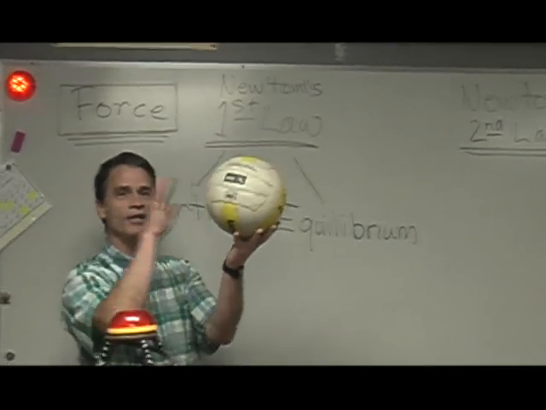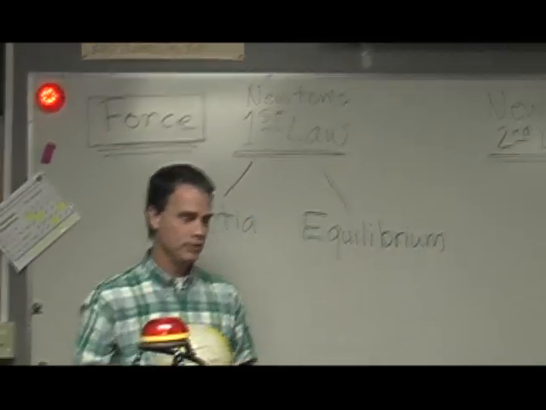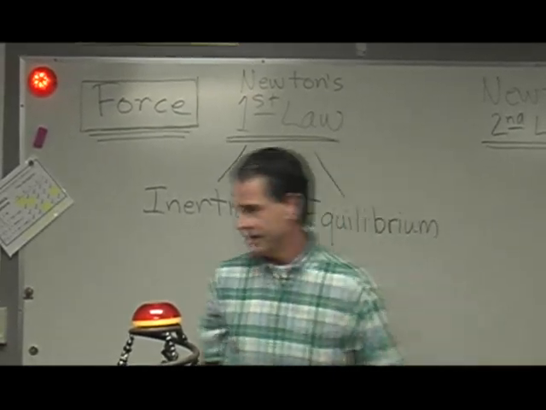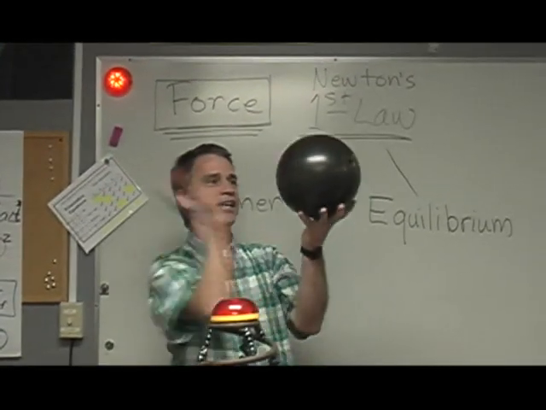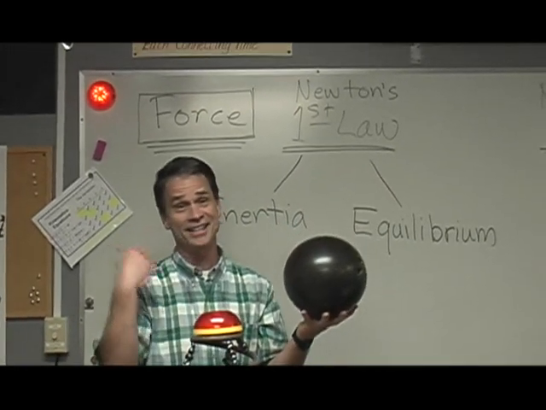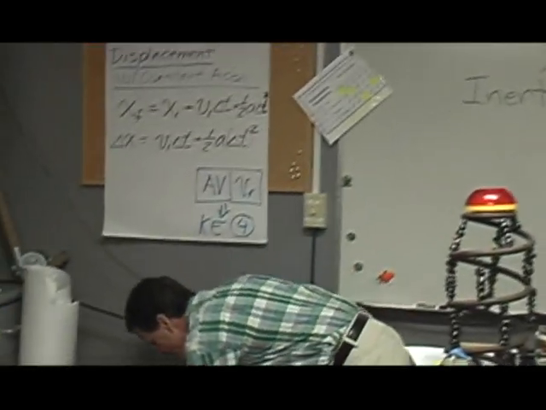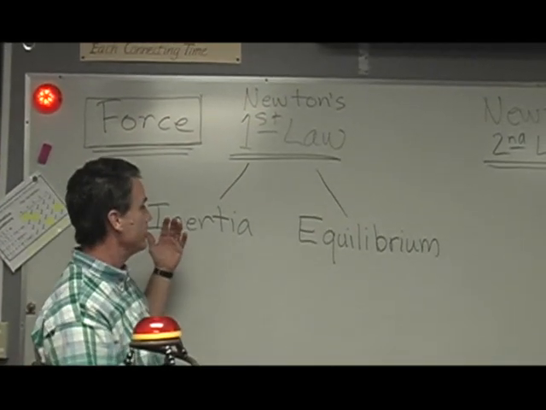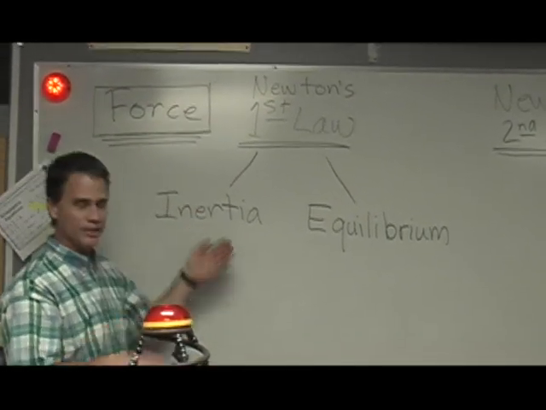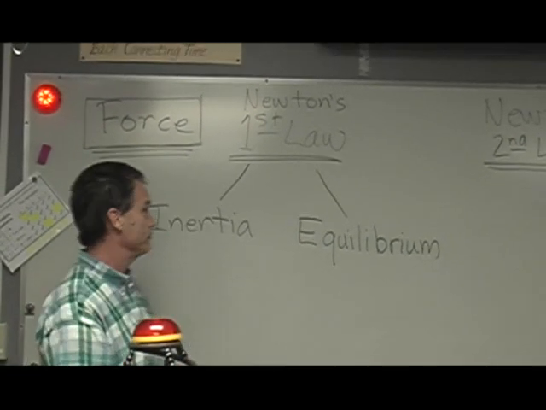I can apply a relatively small force to this and make it move. But I do have a bowling ball, and I can hit this and it doesn't move, it doesn't accelerate because it has so much more inertia. It only moves a little bit for the same force.